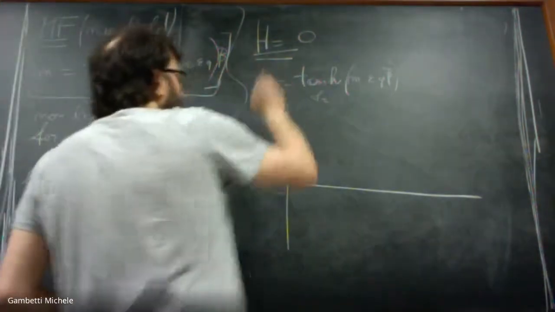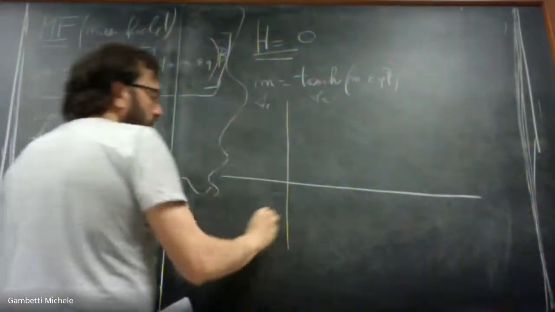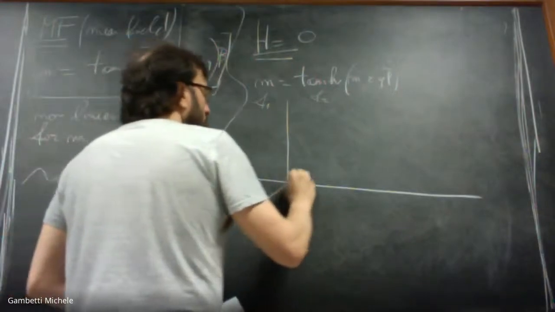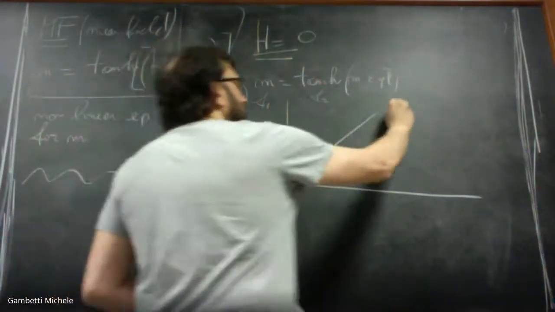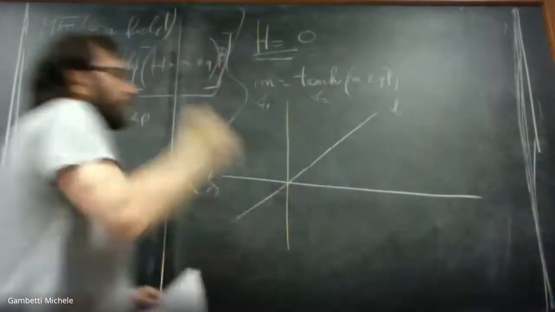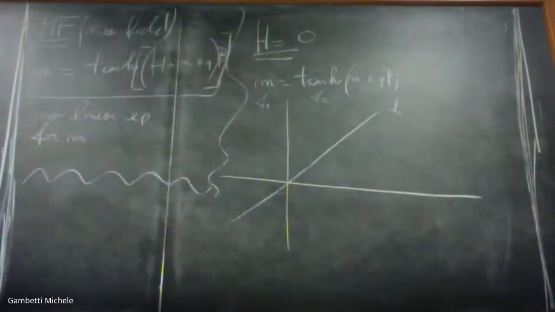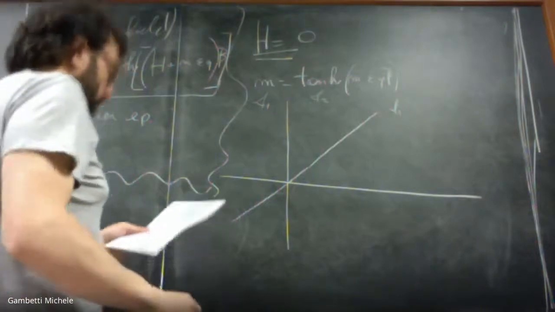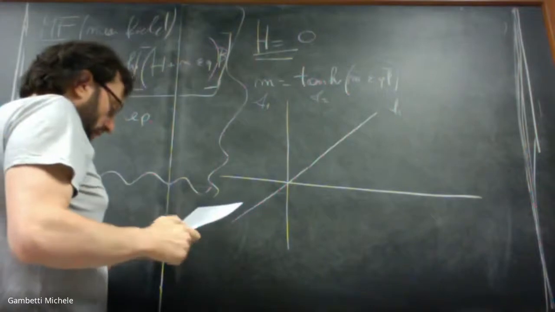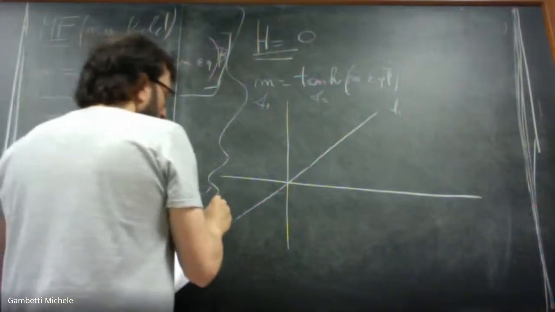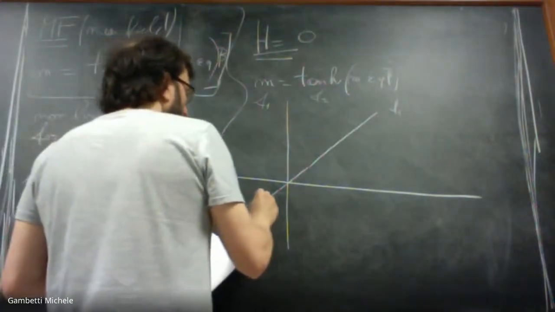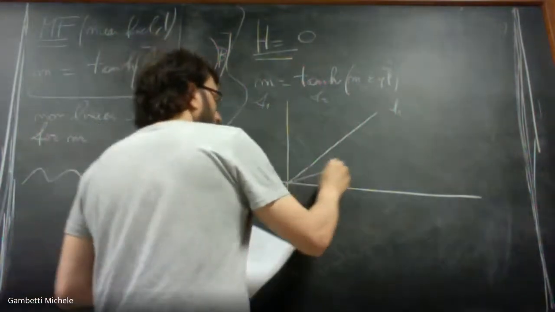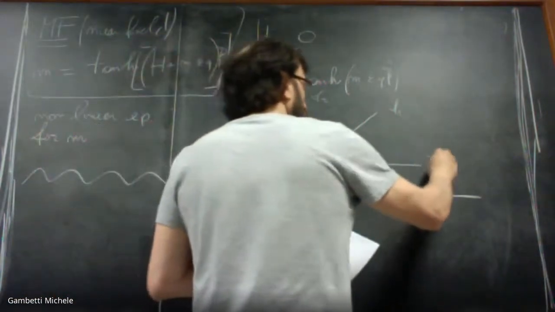Now, the left-hand side is just a straight line. This is f1. The second is a hyperbolic tangent that has the following behavior. Well, it depends on the temperature, of course. Now, suppose that we have a large temperature that I will call T2.